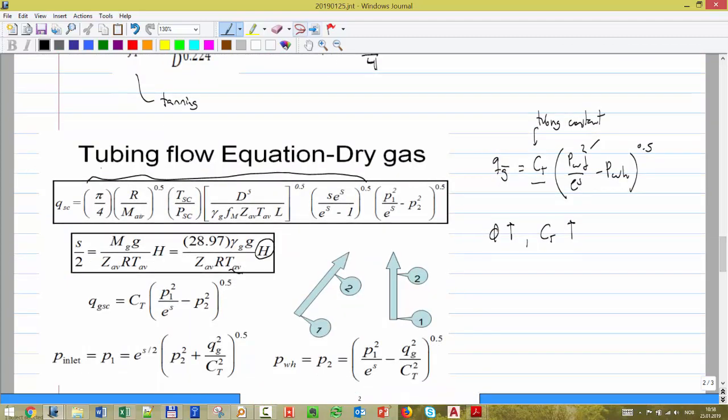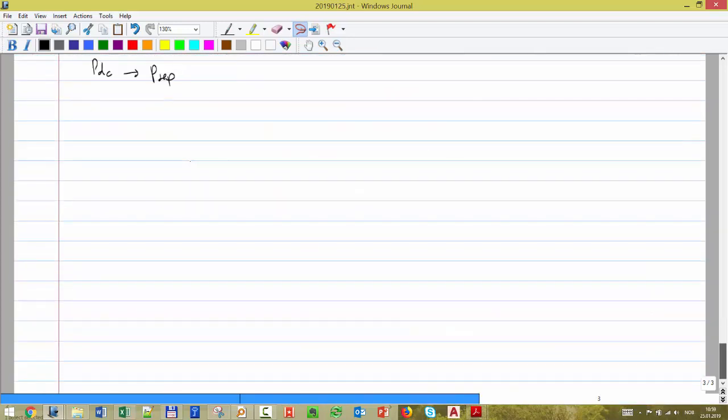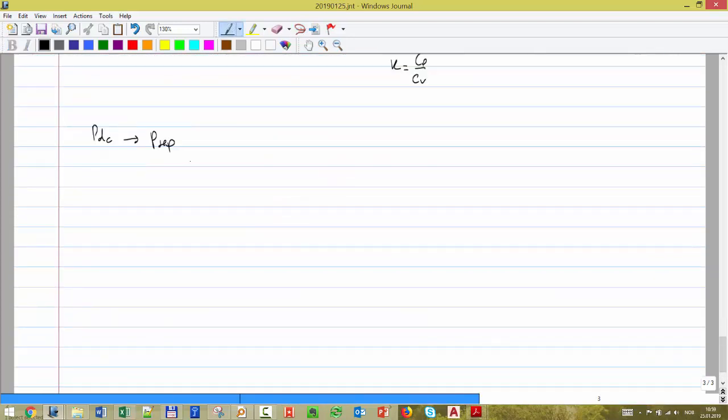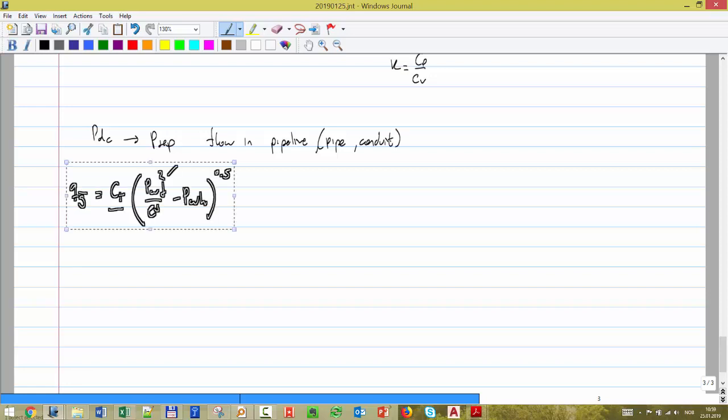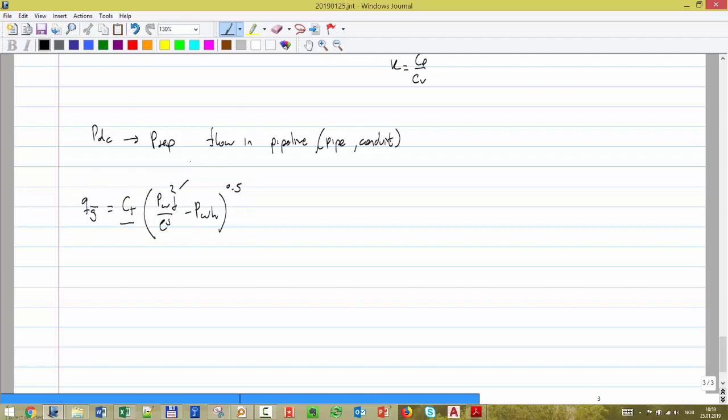I can probably use the same equation because it's flow in a pipe, flow in a pipeline, meaning flow in a pipe or a conduit, which we had from before. But now we don't call this the tubing constant, we call it the flow line or pipeline constant, CFL, and this S we can still call S, the elevation.